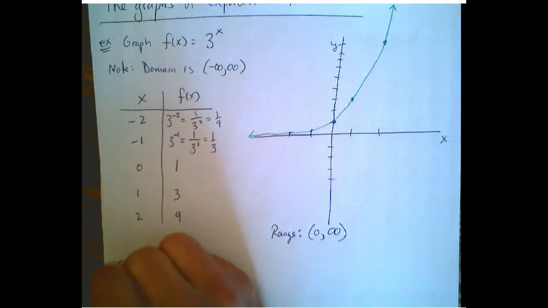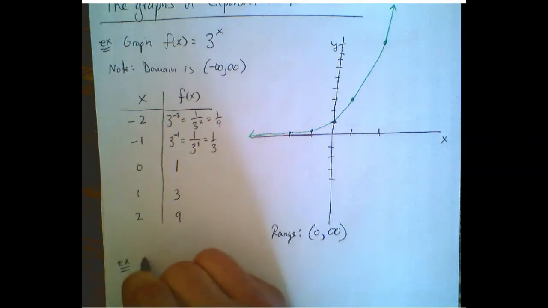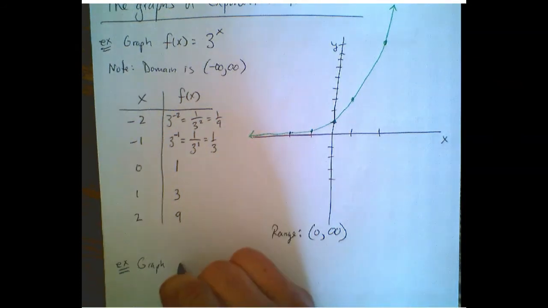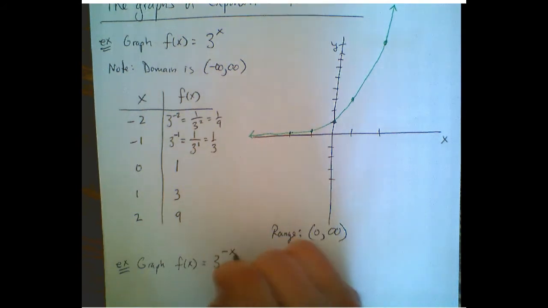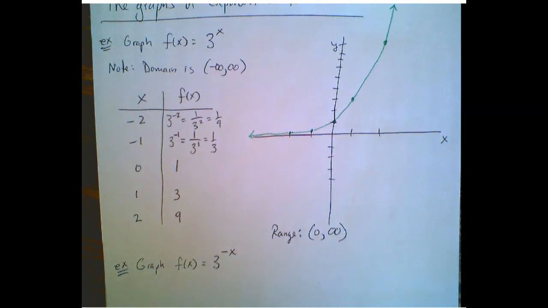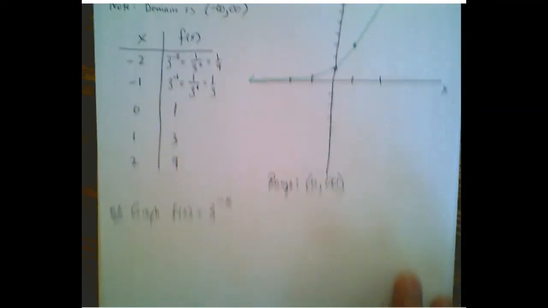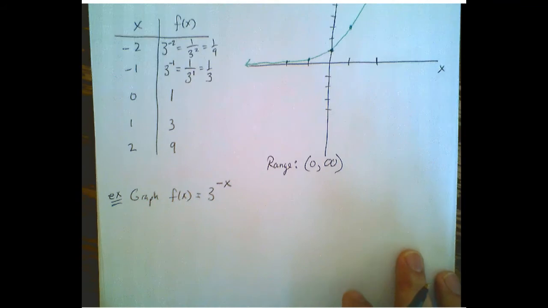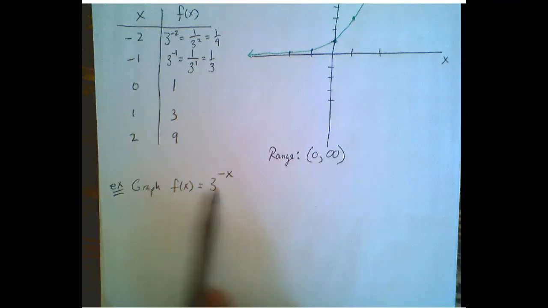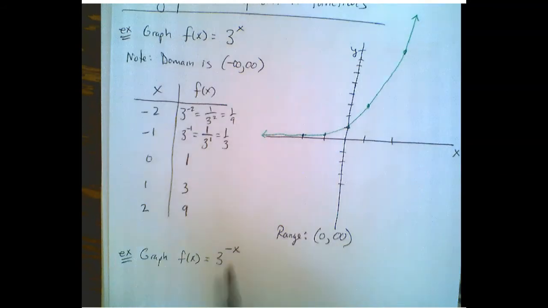Let's look at the graph of 3 to the -x. Okay? So here we can just use transformations to get it. We can use transformations of the parent function, which is 3 to the x, to get our points here. Okay?